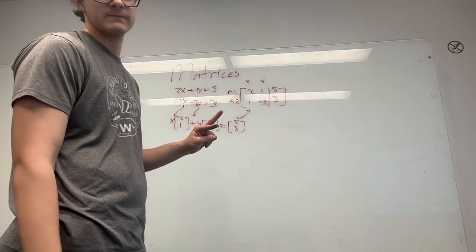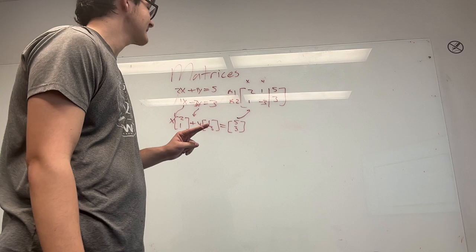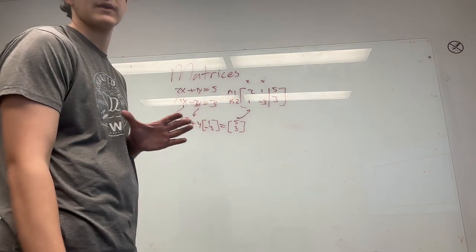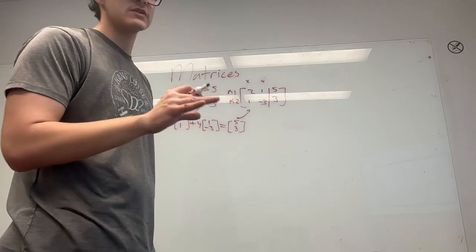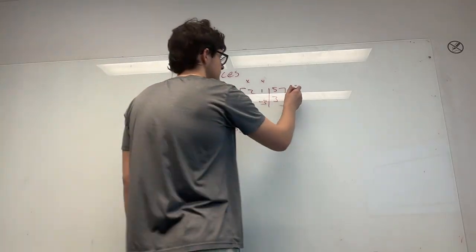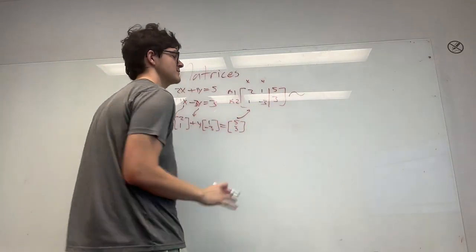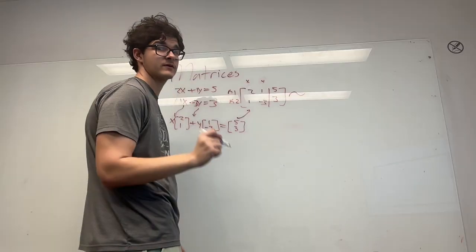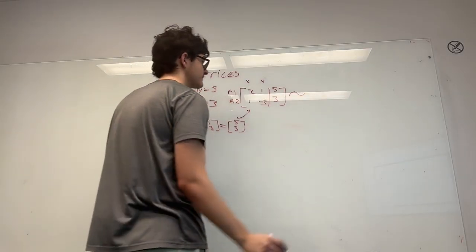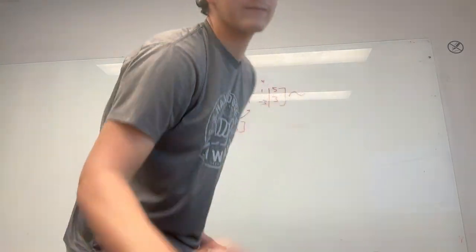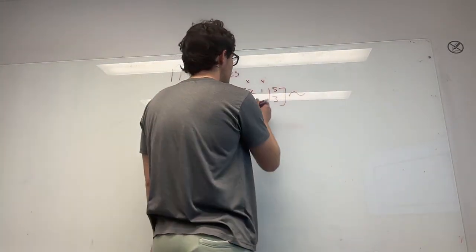You can switch rows, and you can multiply a row by a constant number. So using those rules, all of these are going to be similar matrices. They're going to have different determinants. That doesn't matter right now. What's a determinant? We'll get to that. We're going to row reduce it.